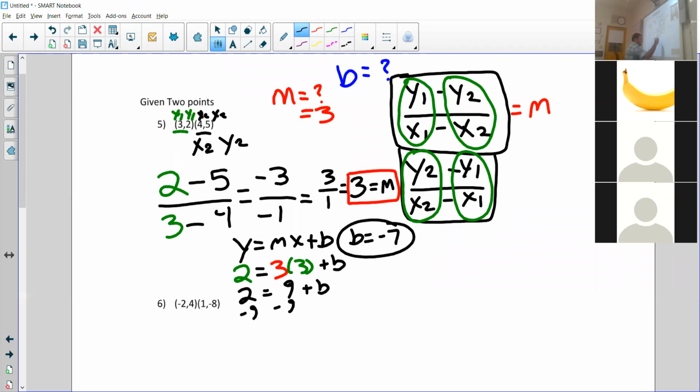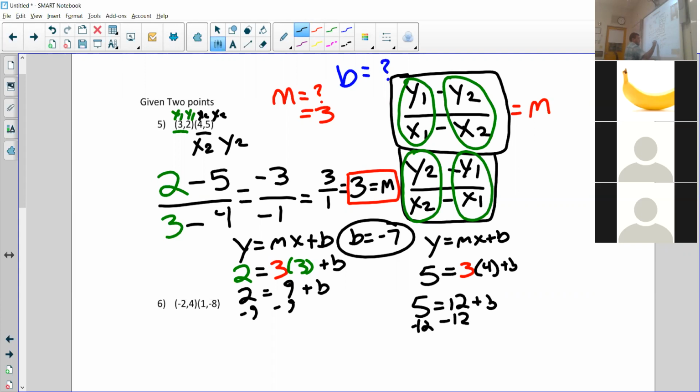If I use the other equation, I will still get the right answer. So I'll do the black point, I'm sorry. So that's 5 equals 3 times 4 plus b. 5 equals 12 plus b, minus 12 on both sides, b equals -7 again.